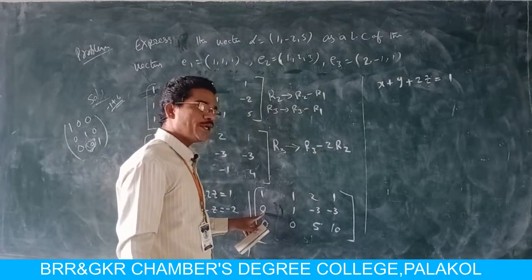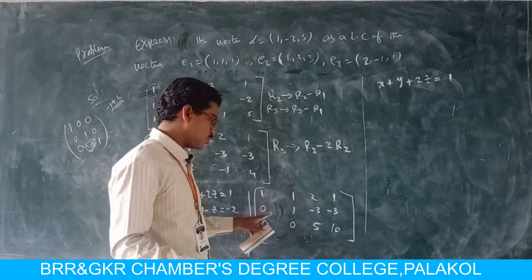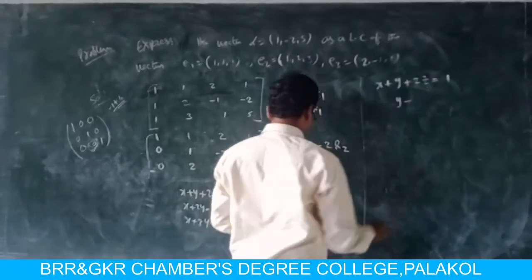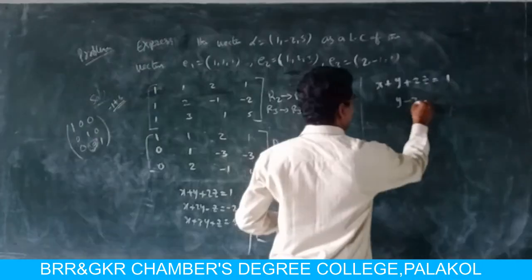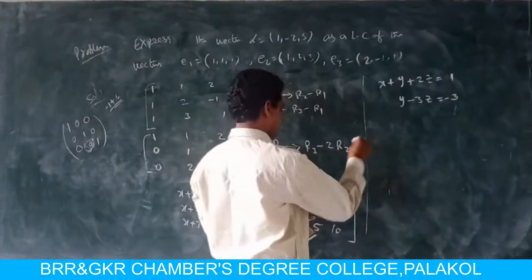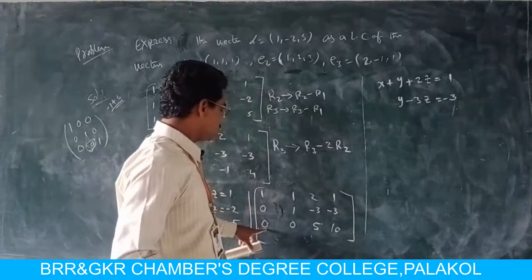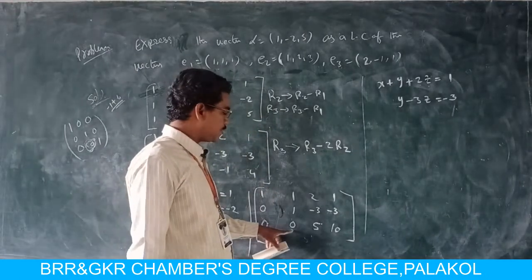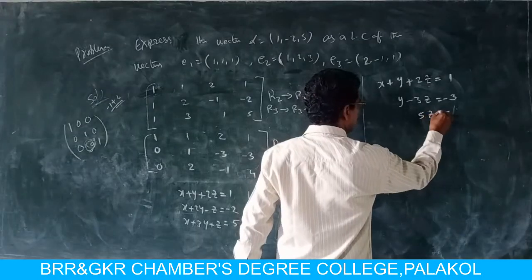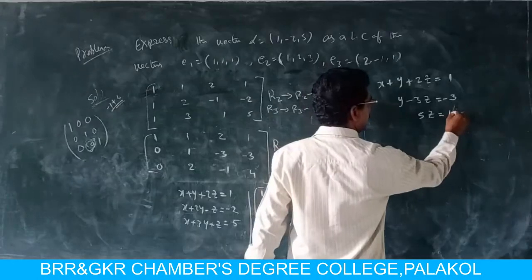Next, 0 into x means 0, plus 1 into y means y, minus 3z equal to minus 3. Next, the last row: 0 into x plus 0 into y plus 5 into z, that means 5z equal to 10.